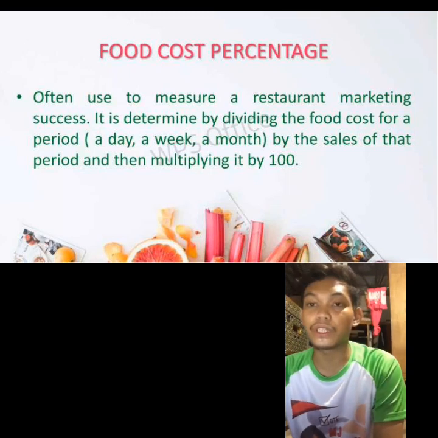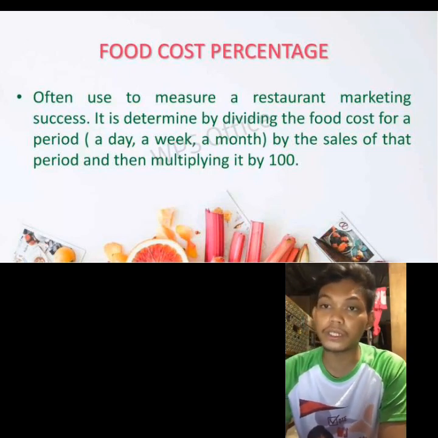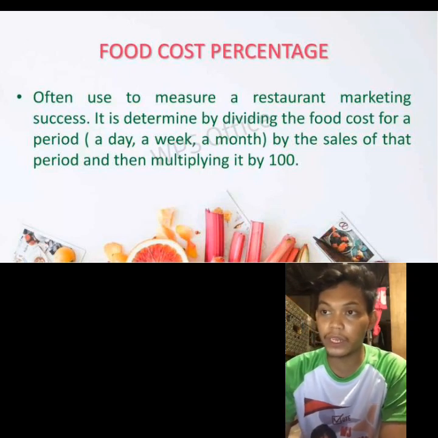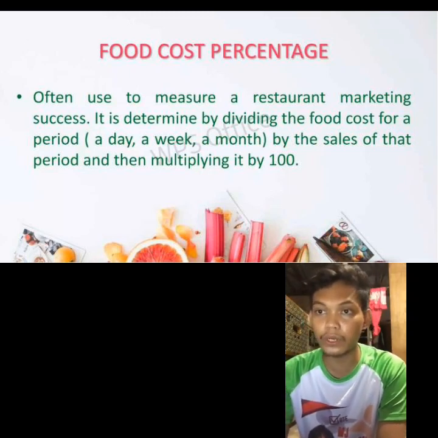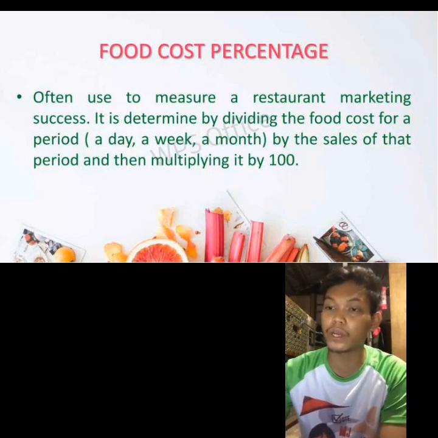Food cost percentage. Often used to measure a restaurant's marketing success, it is determined by dividing the food cost for a period by the sales of that period and then multiplying it by 100.